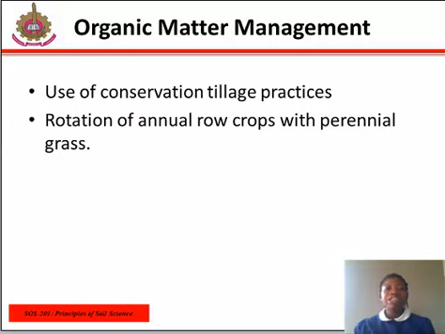Thirdly, establishment of legume cover crops helps to enhance organic matter accumulation by providing the nitrogen needed for the decomposition of freshly added organic materials, especially those with a high carbon-to-nitrogen ratio, like corn stover, cereal straw, and heavily bedded manure.